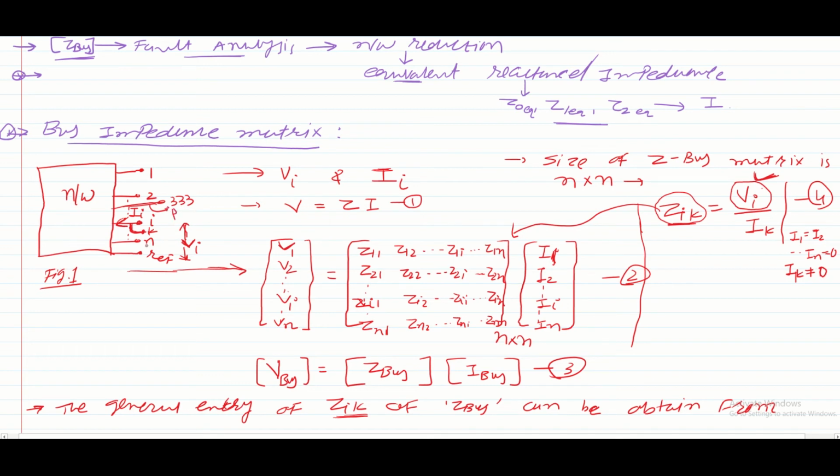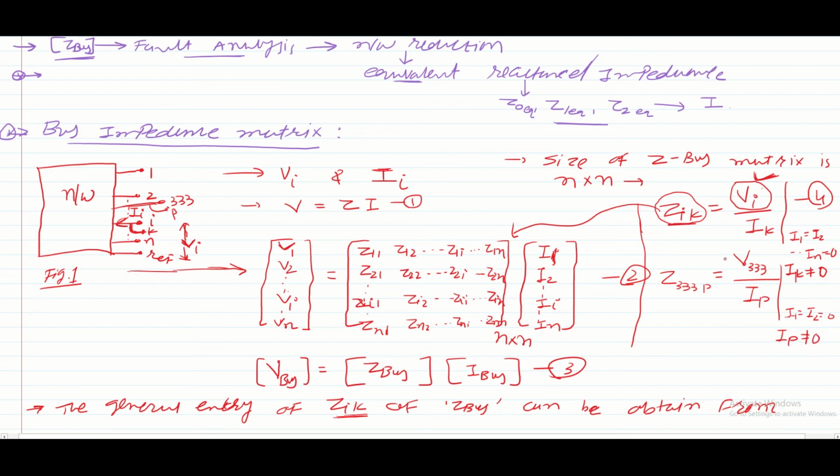I need to calculate Z3P with V3 divided by IP, with the condition that all the currents I1, I2 and so on are 0 and IP is not equal to 0.